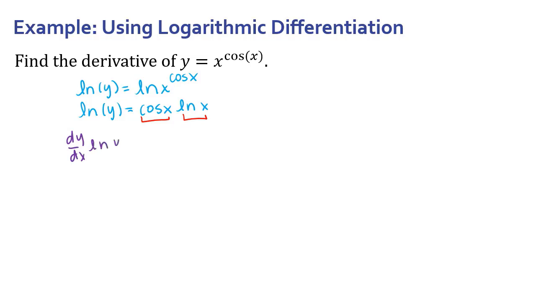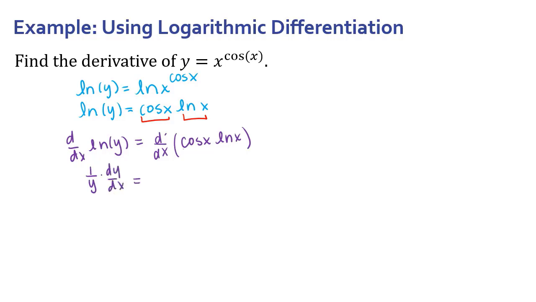So the derivative with respect to x of the natural log of y equals the derivative with respect to x of cosine of x times the natural log of x.